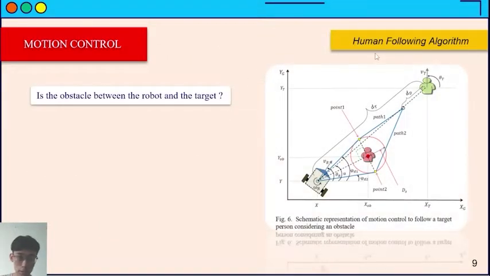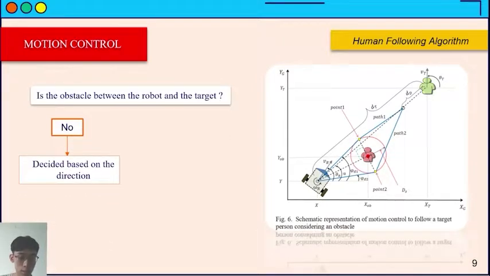We go to the human following algorithm. We have a question: is there an obstacle between the robot and the target? If the answer is no, the robot will decide based on the direction. You can see the equation here, omega d.